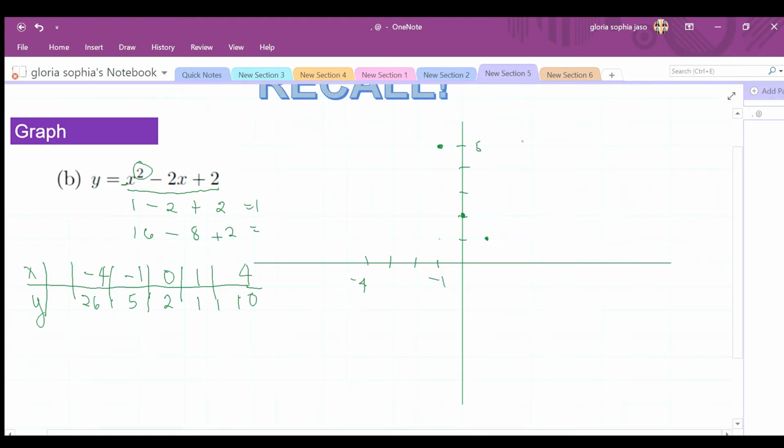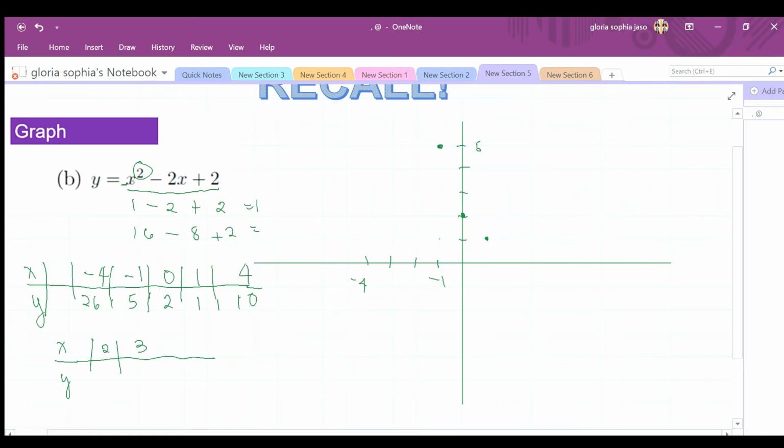Okay. So, nandun din sa taas. So, kuha pa tayo ng ibang value para makuha pa natin yung points na kayang natin i-locate dito sa ating Cartesian plane. So, kunin natin si 2, tsaka si 3.